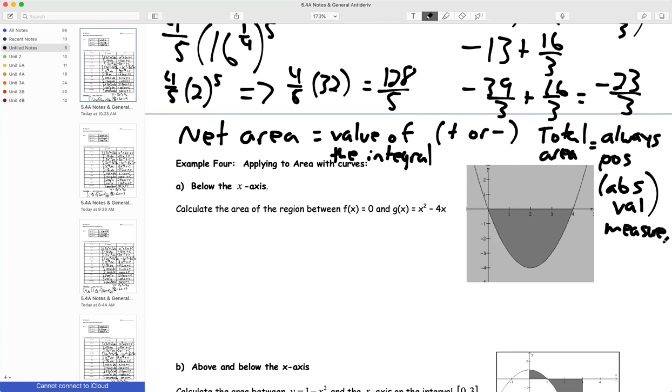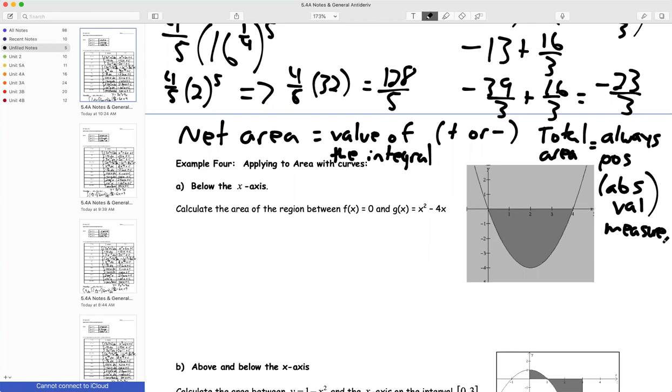All right. So, for example, in terms of physics, velocity is like net area. It can be positive or it can be negative, whereas total area would be like speed, because speed is the absolute value of the velocity.